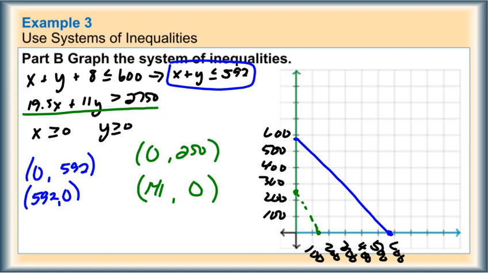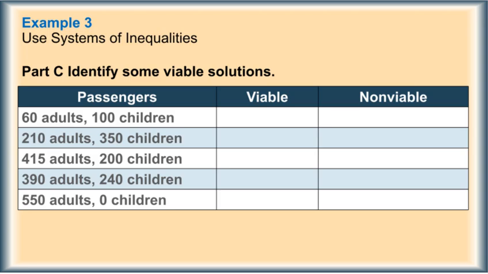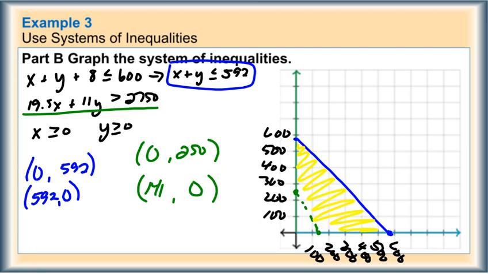And it's got to be below the blue, but above the green. So below the blue and above the green would be this part right here. So now we just need to choose some viable solutions here. So now, if we chose 60 adults and 100 children, if I go and plot that, 60 adults, adults would be your x, and children is your y.